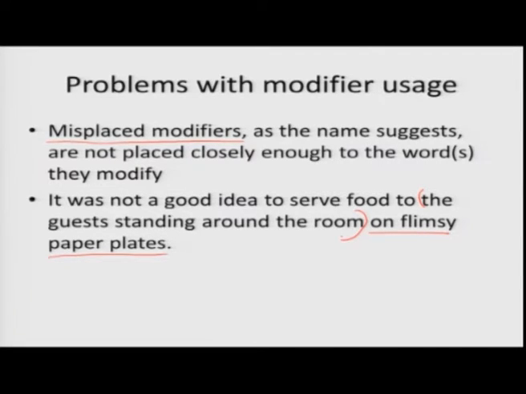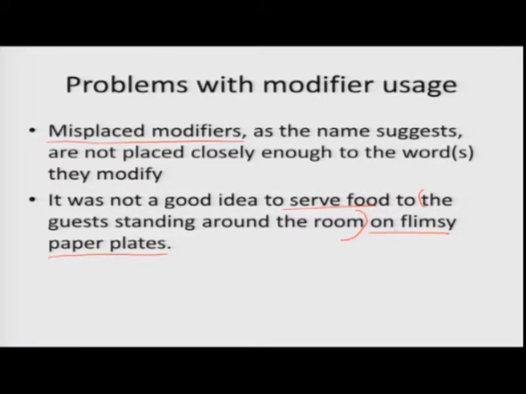So, now what is the meaning you get? Guests were standing around the room on flimsy paper plates, which is actually very funny, but you actually wanted to say food was served on flimsy paper plates.